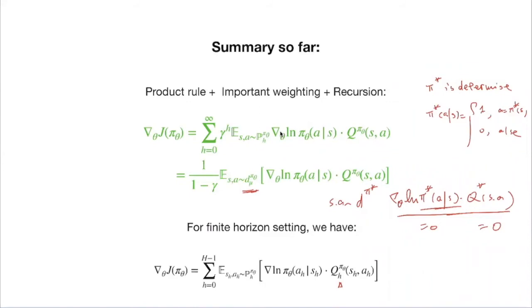But if halfway through it reaches a deterministic policy, you're done. And that doesn't even have to be close to the optimum. So you cannot guarantee global optimality for this solution.